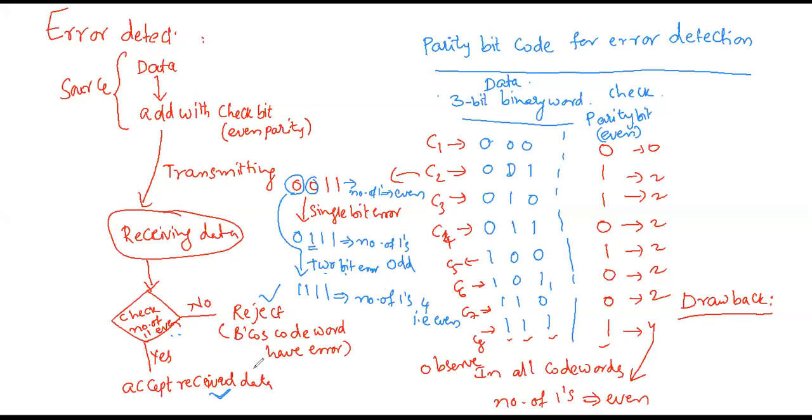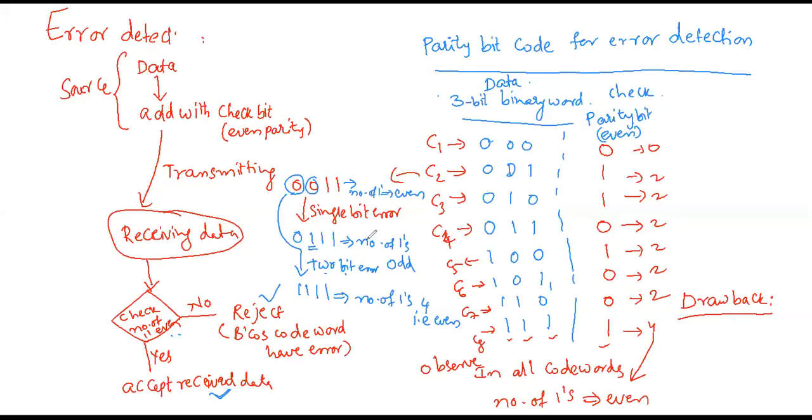So the drawback in this parity bit is we can detect only odd number of bit errors. Odd number of bit errors means if there is a 1-bit error, 3-bit error, 5-bit error, like this, we can detect. But we can't detect 2-bit error, 4-bit error, 6-bit, 8-bit, like that.